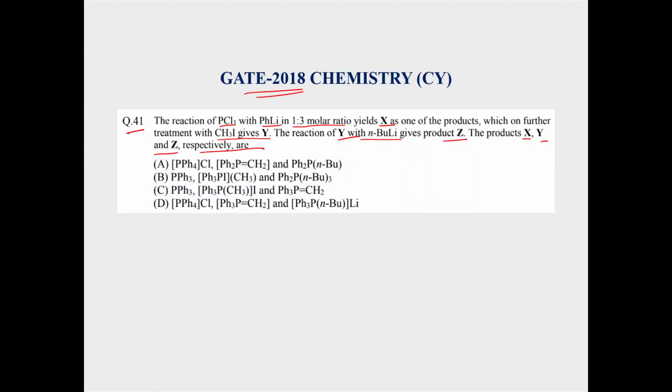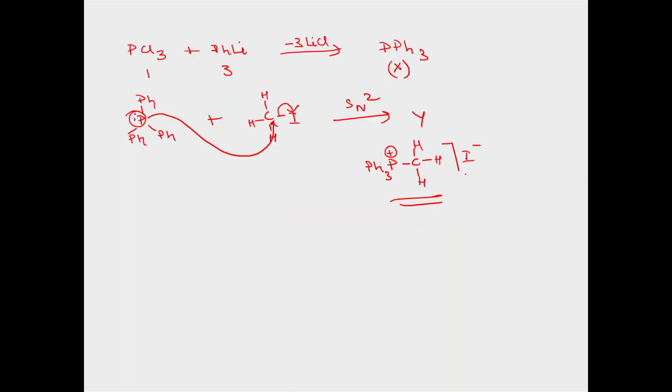And then later on, the reaction of Y with n-butyllithium gives product Z. So this is Y, that means PPh3 plus CH3 I minus. This on reaction with n-butyllithium, butyl group 1, 2, 3, 4 and Li. So this Li will have a positive charge and this carbon will have a negative charge.